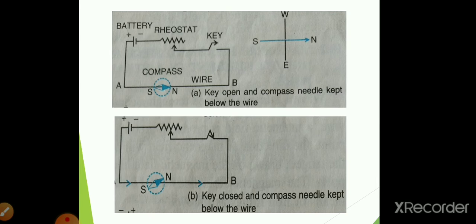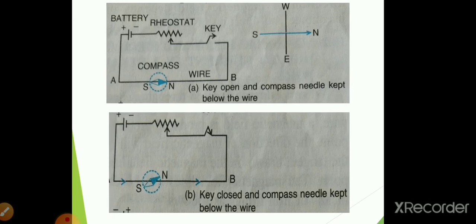That means the current is passing from south to north direction through the conducting wire AB, and the north pole of the needle deflects towards the west. You can see here it is in anti-clockwise direction. The needle is deflecting towards the west, that means it has been deflected anti-clockwise.